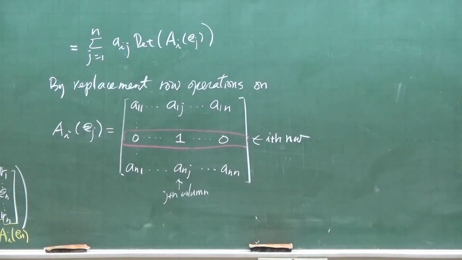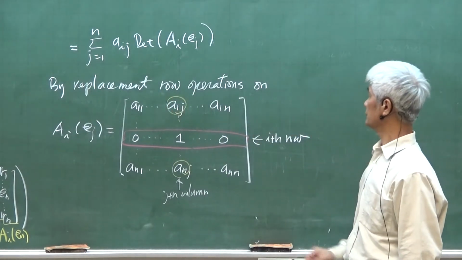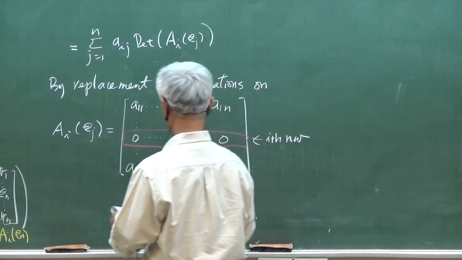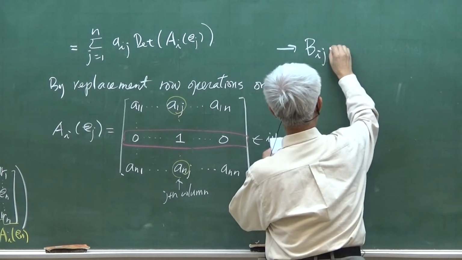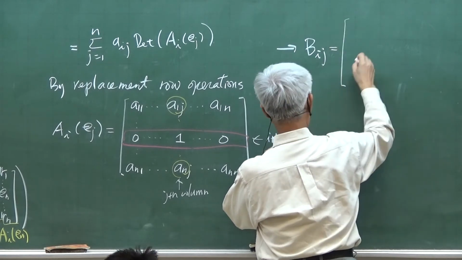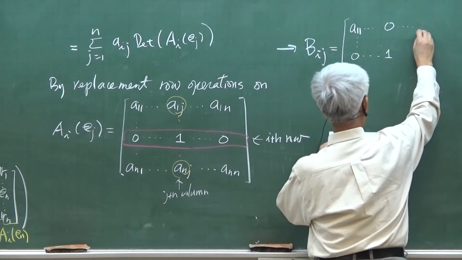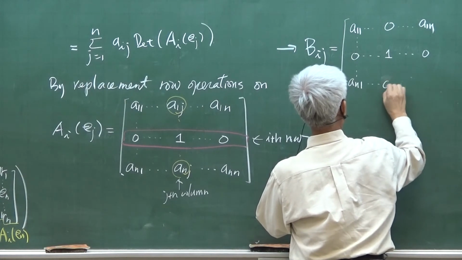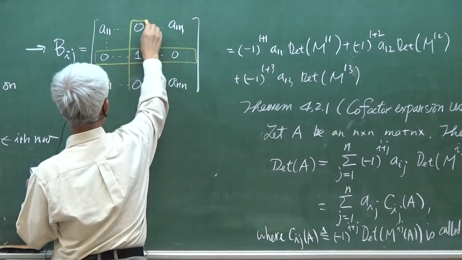So we can eliminate all of them here, so that this matrix goes to B_ij, which is a11, 0, a1n, and so on.